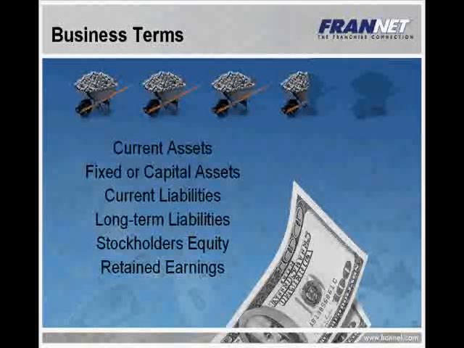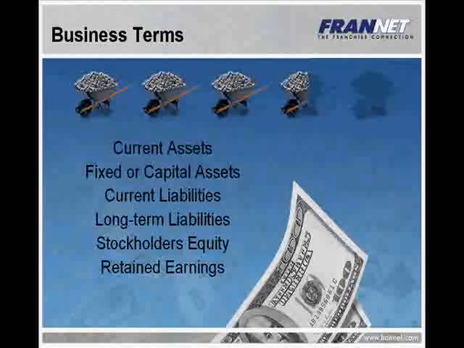Some specific business terms that you will hear in discussions in those meetings about balance sheets: current assets. So not just assets, but current assets. Well, current assets are those things that can be turned into cash quickly. That would be cash in your checking account. It might be investments.